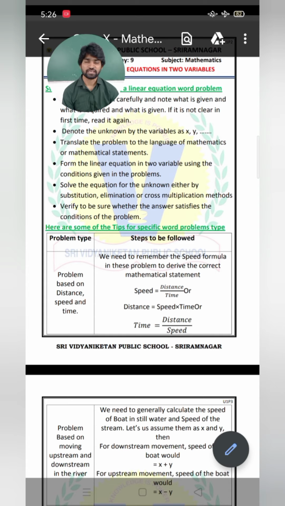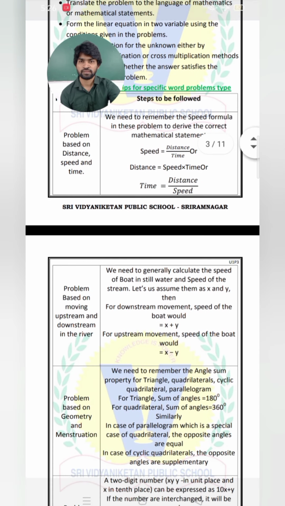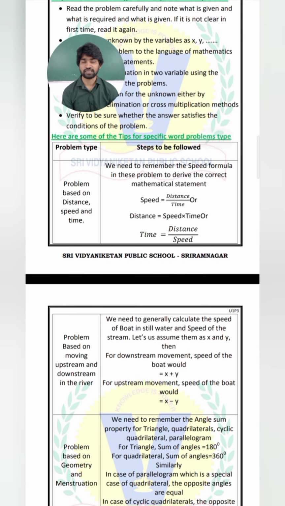Now we will see what different types of problems you are going to see. First, in my last class I already discussed this type of question, like a boat in streams. Boat speed and stream speed we found in our last class.